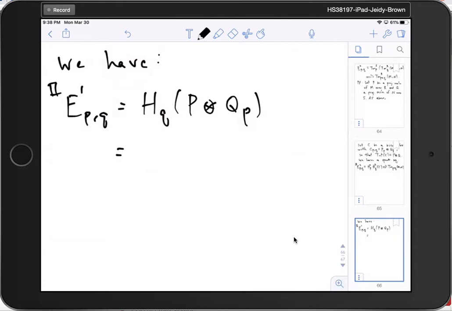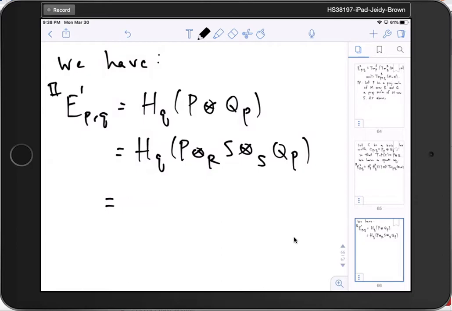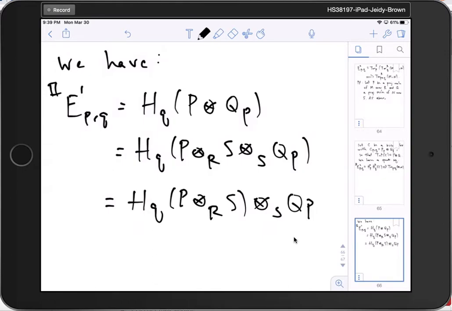And now I'm just going to take P tensor over R with S, tensor over S with Q_p, so just inserting an S in the middle. Okay, and now we're going to use that Q_p is projective over S, and therefore it's flat, to pull it out of the homology.